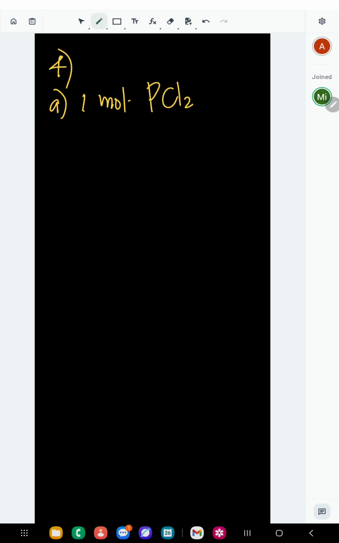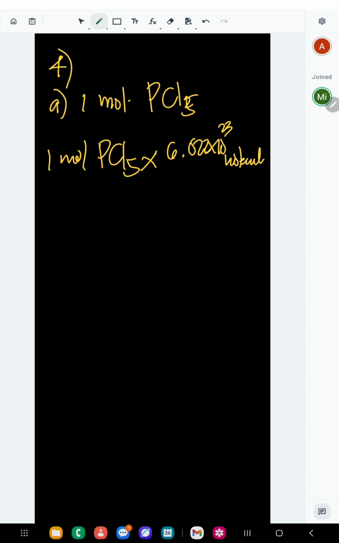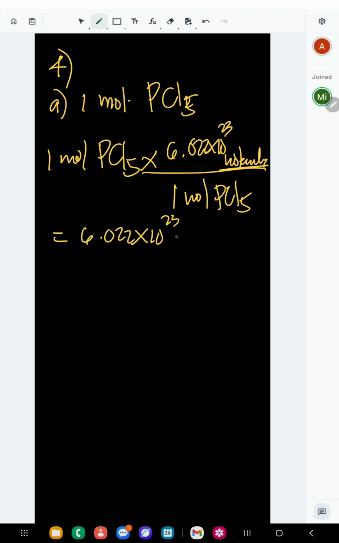PCl5. So we're asked to convert mole to molecules, the same thing. PCl5. So you multiply by Avogadro's number, molecules per 1 mole PCl5. So this is just 6.022 times 10 to the 23rd molecules PCl5.